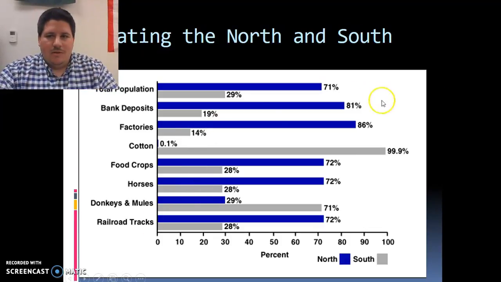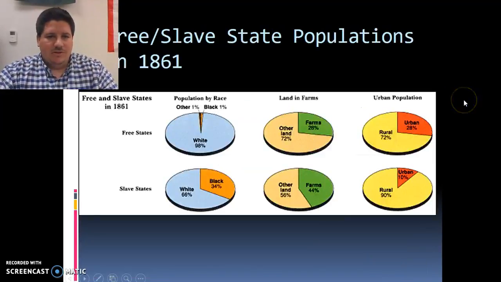Population-wise, it's also important to consider that the slave states were very rural compared to the free states, which were becoming more urban very quickly. This is the beginning part of the Industrial Revolution, which we'll be talking about in our next unit.